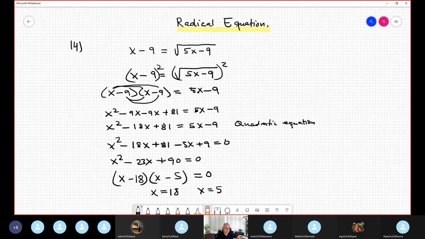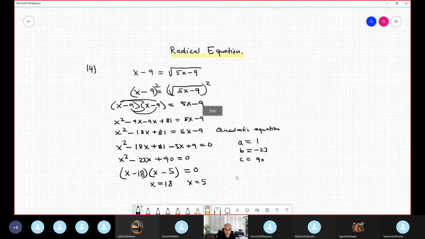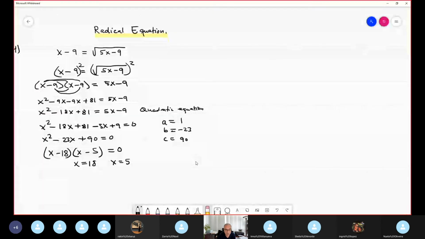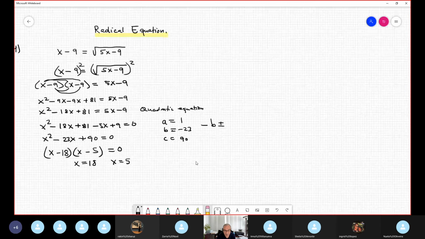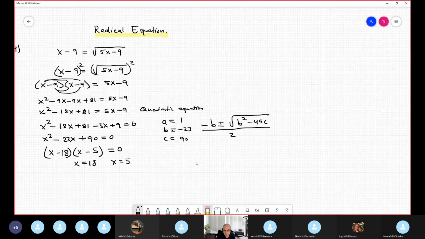However, the students that don't see the combination, like me, can use the quadratic formula, ABC. A is 1, B is negative 23, and C is 90. Okay, now I use my famous formula: minus B plus or minus square root of B squared minus 4AC, divided by 2A.